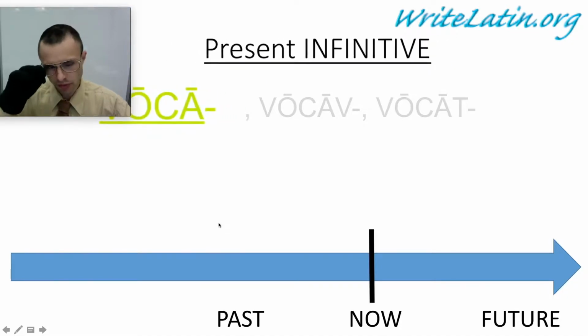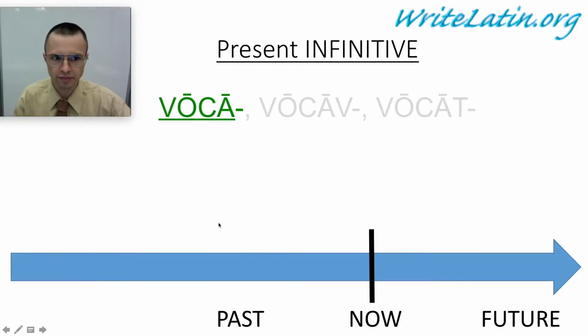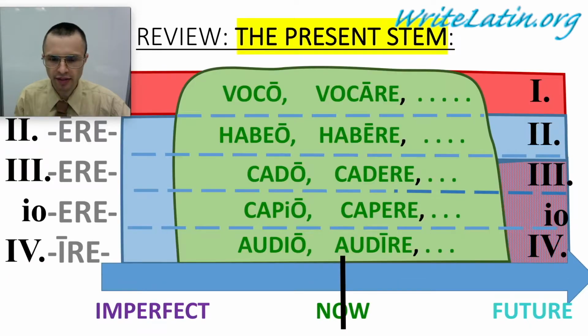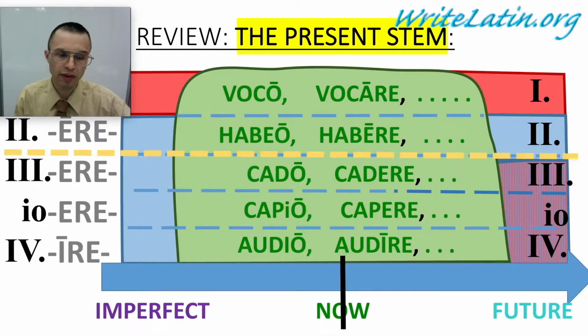Alrighty, so we first should probably briefly review how we get the present stem, like voca in this case. Remember, there's 2 possible rules you can use.